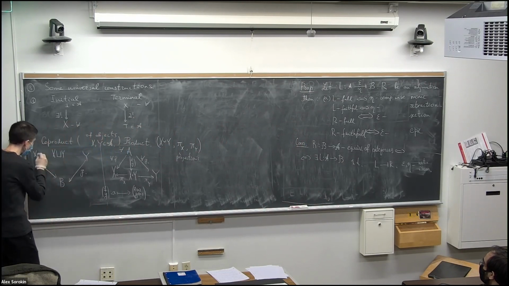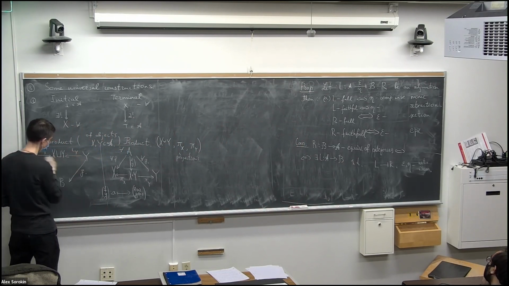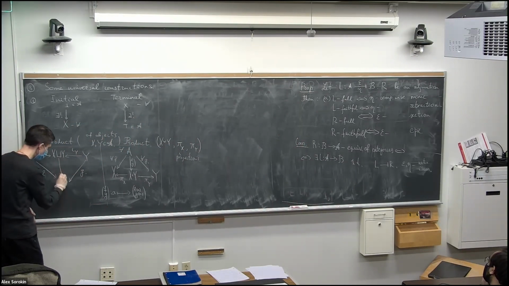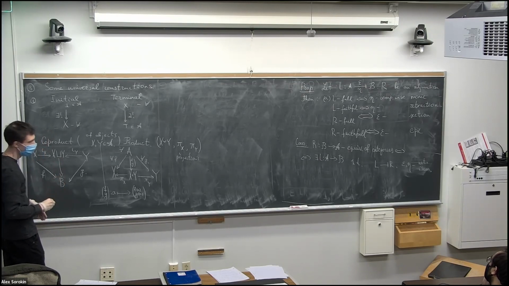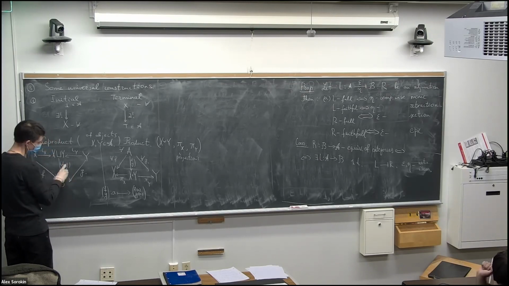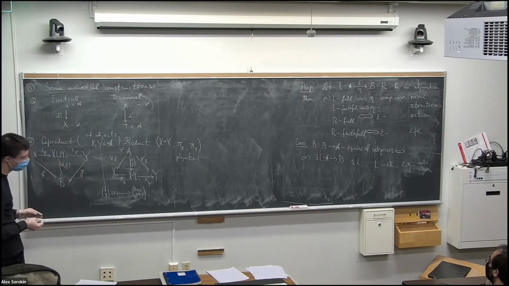We always have injections iota sub x, iota sub y into this disjoint union. And then we can encode this to the function (f, g), with a comma, just to separate it horizontally.